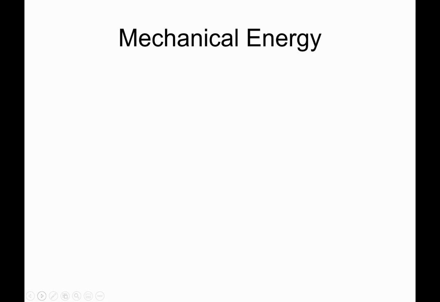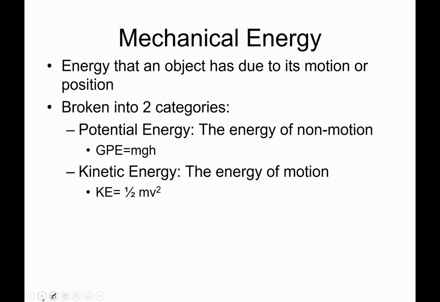So mechanical energy, we've already kind of talked about mechanical energy, but it is the energy that an object has due to motion or position. And we already said that our mechanical energy is equal to the total energy of a system. Our mechanical energy can be broken down into two different categories.